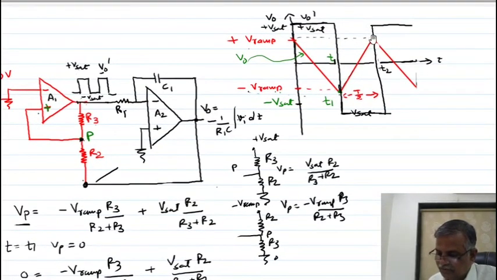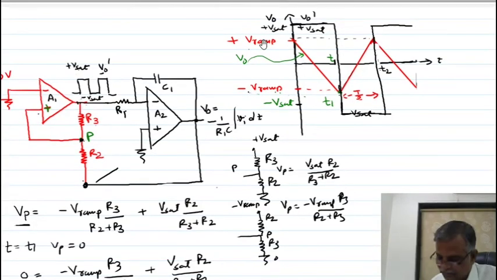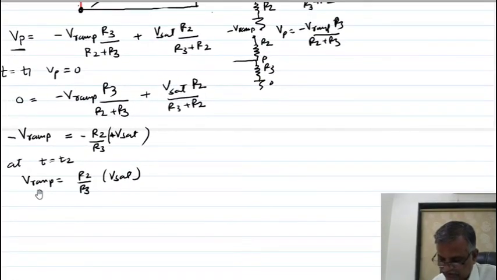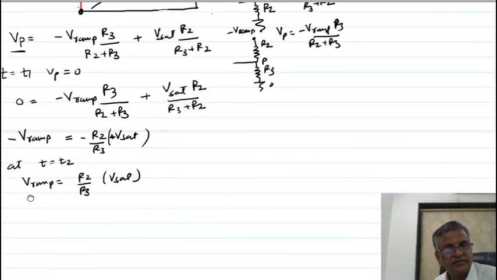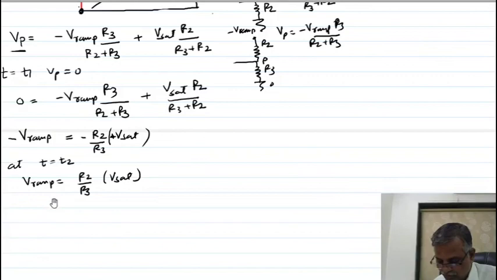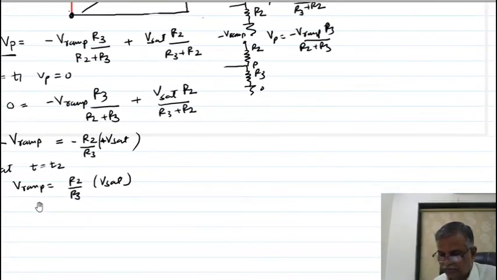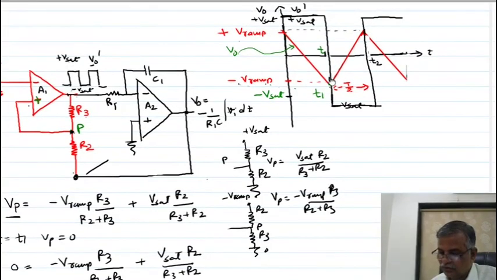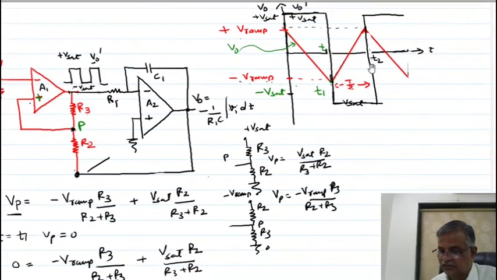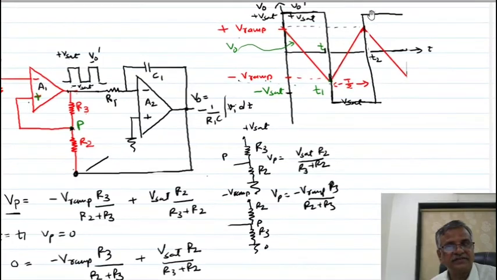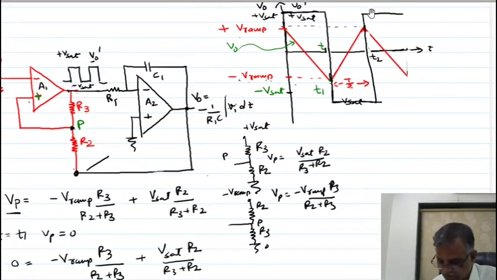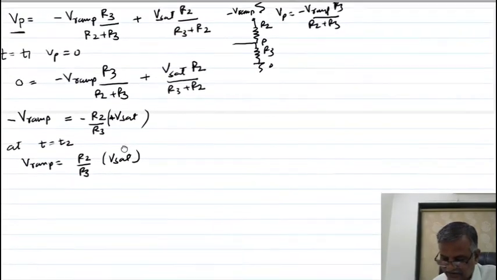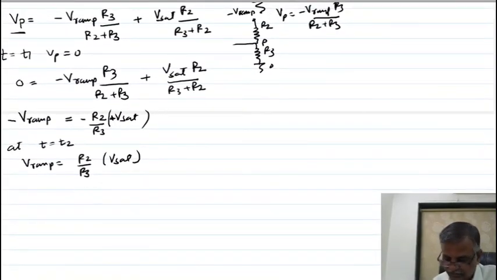So at time t2 I am writing plus V ramp. My equation will be, instead of minus, plus V. And your voltage has changed from minus to plus: here the voltage at this time goes from minus V set to plus V set. At time t2 the voltage changes from minus to plus, so I can write this equation.